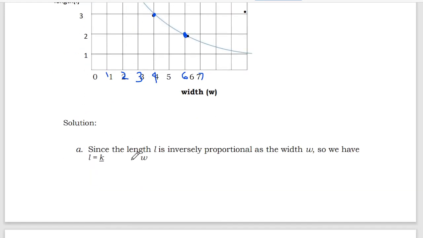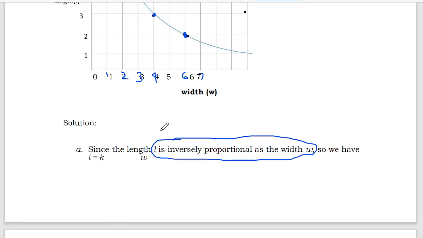Since the length is inversely proportional to the width, we have length equal to k. The keyword there is length is inversely proportional to width.